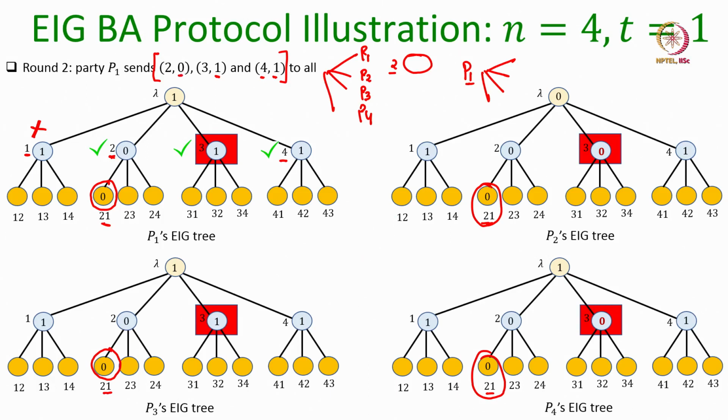In the same way, party number 1 is telling some information about the node which has the label 3. So, 3 followed by 1 will be the node which gets decorated with the value 0 based on the information that P1 is communicating.